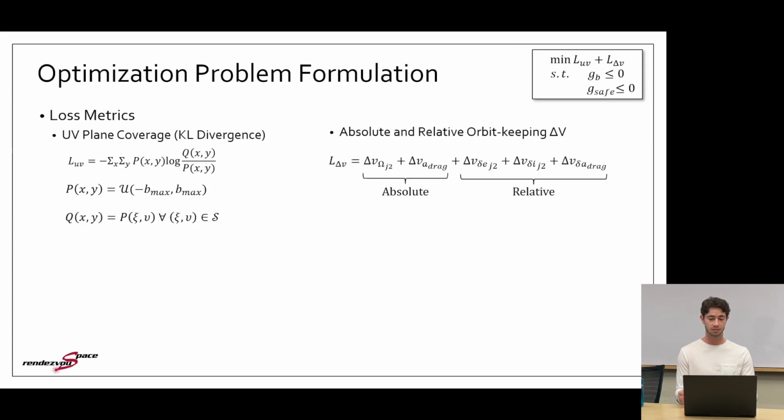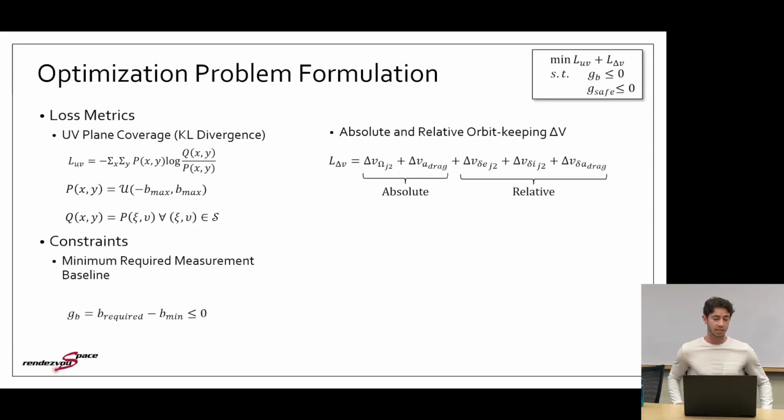And for the delta V, I've combined a couple of different terms for absolute and relative orbit delta V to account for drag and J2 perturbations. Since this study addresses nominal orbit configurations, we'll just assume that we'd like to do some orbit keeping, and those are the delta V terms that we'll consider. As far as constraints go, we need the measurement baseline to reach some minimum.